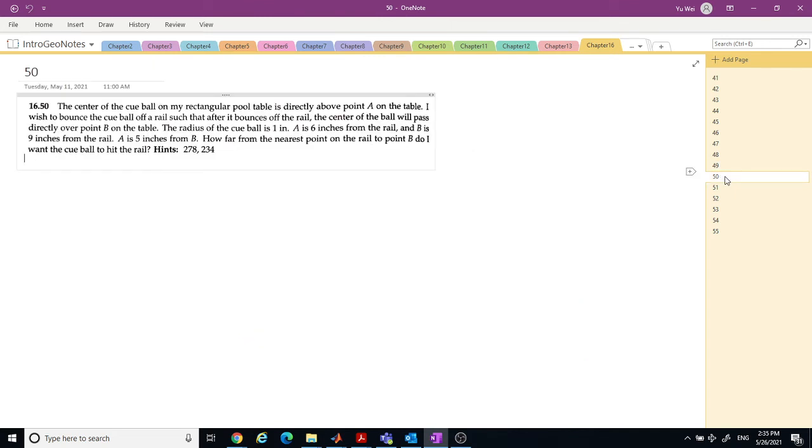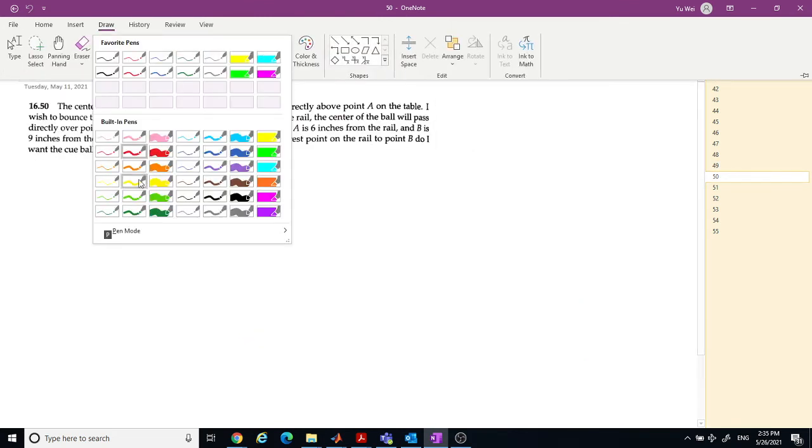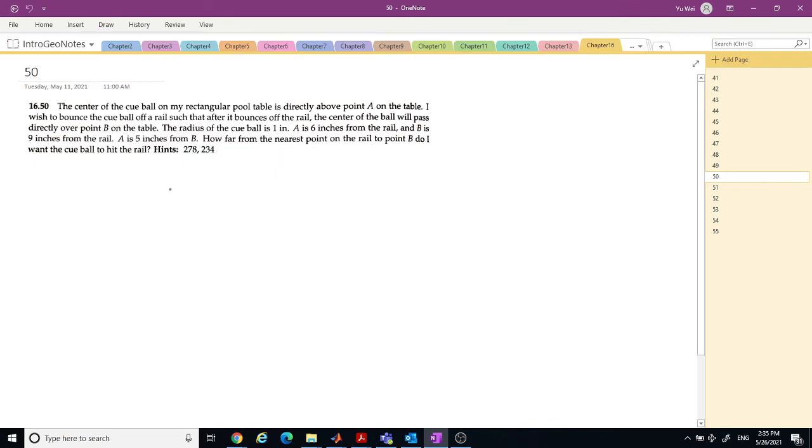Next, the center of the cue ball on my rectangular pool table is directly above the point A on the table.